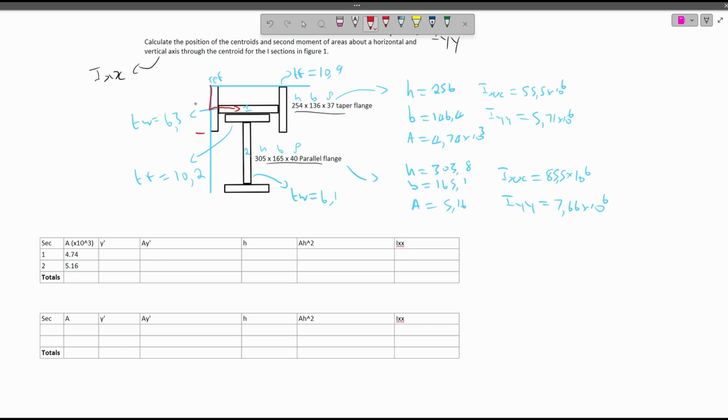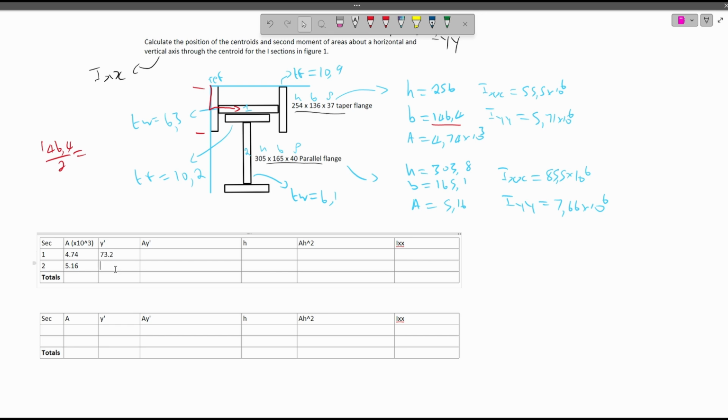And we know that this right here is our B, which is 146.4. So half of B is our y-bar, which is 146.4 divided by 2. The answer is 73.2.